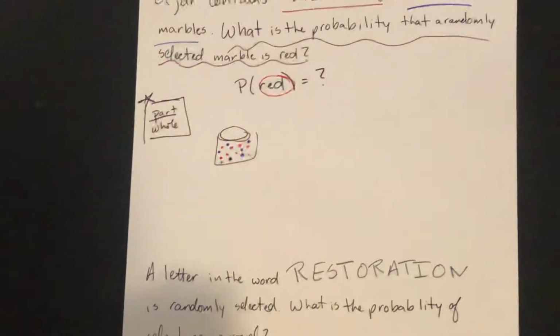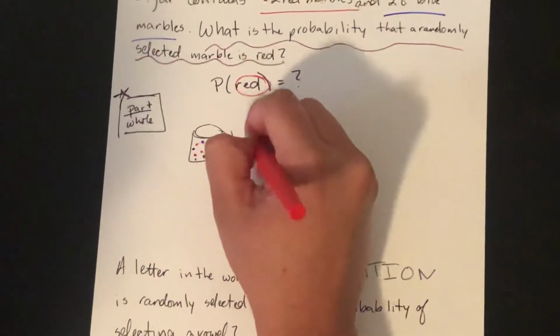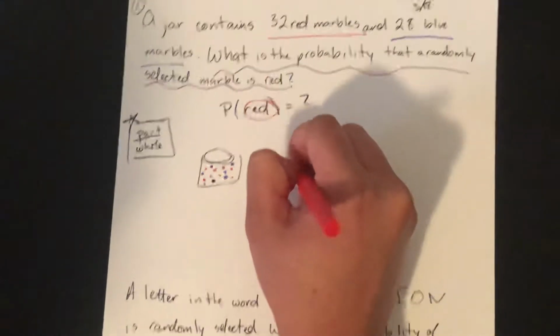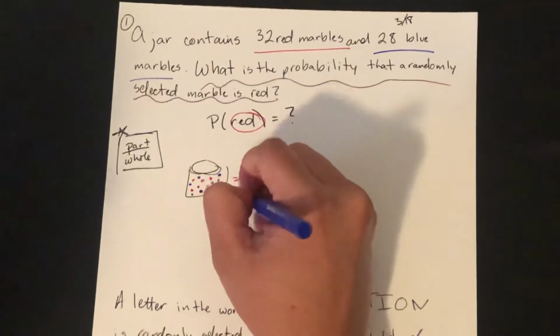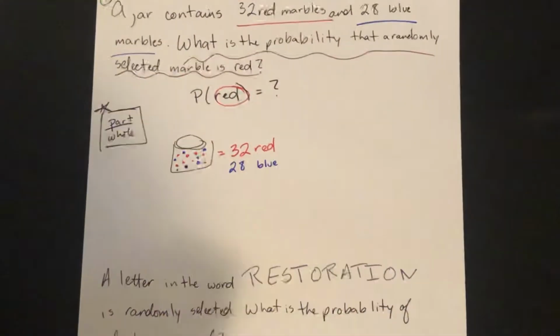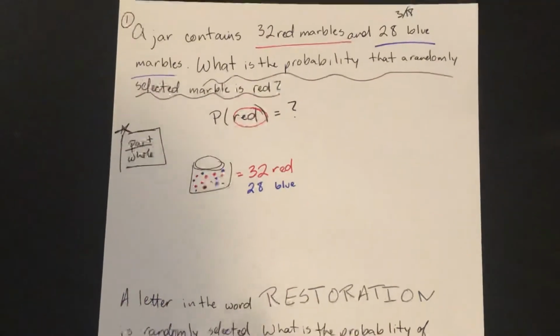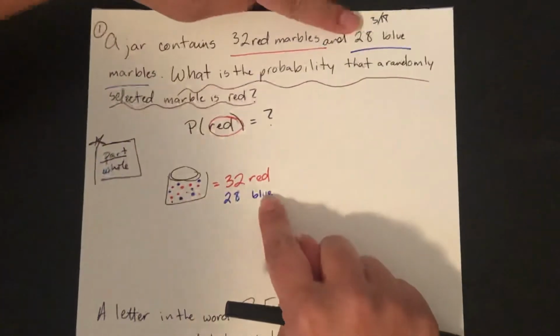Right? Within that jar, I know that I have exactly 32 red, and I have exactly 28 blue. I don't have any pinks, I don't have any oranges, I don't have any yellows. All I have are 32 red and 28 blue.